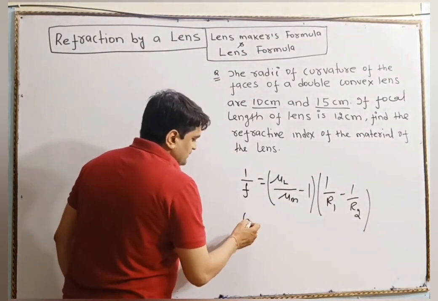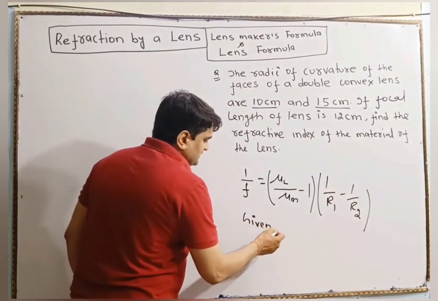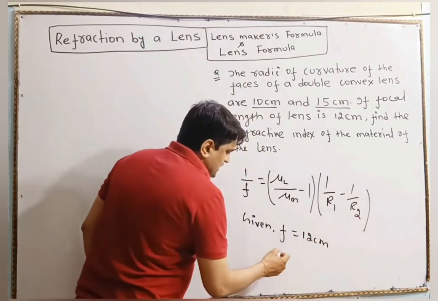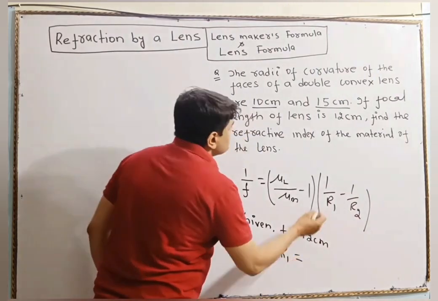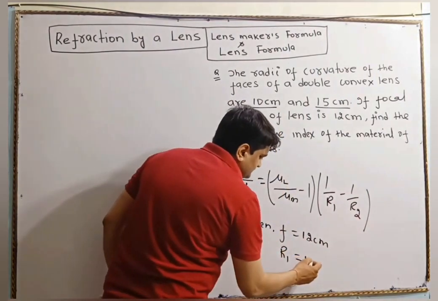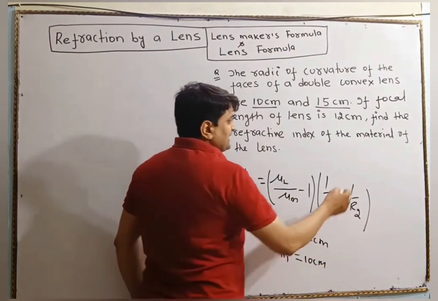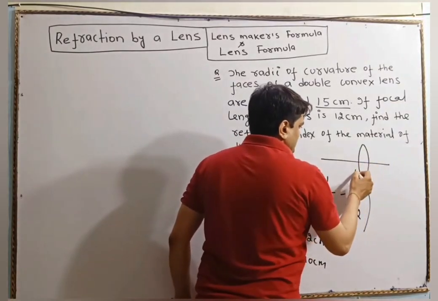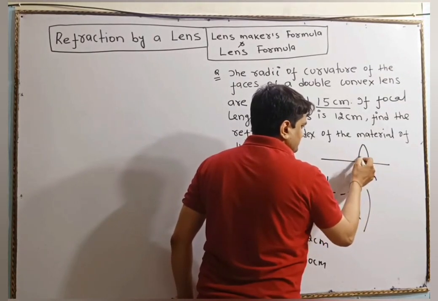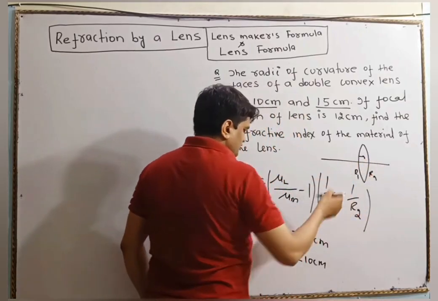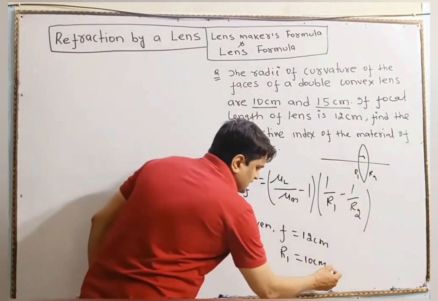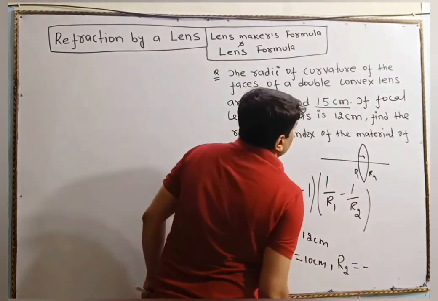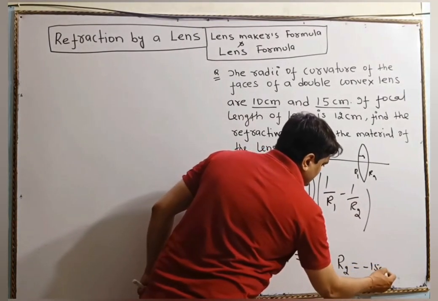Okay. Now the focal length is given, it is 12 centimeter. R1 is given, it is 10 centimeter. The lens is like this. This is R1 and this is R2. R1 will be positive and R2 will be negative because it is on the left side. So R2 will be minus 15 centimeter.